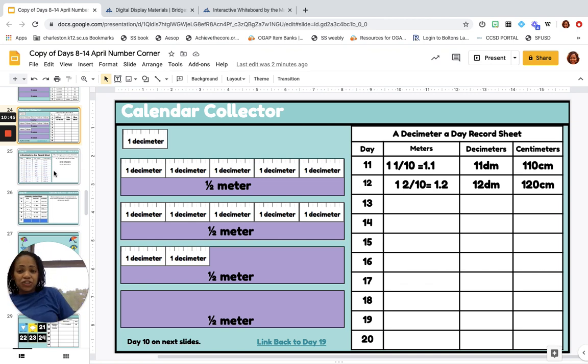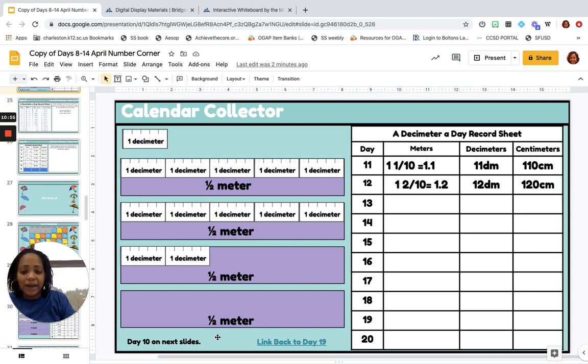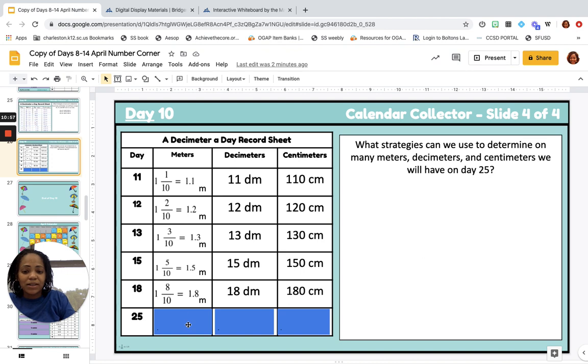That means essentially I would have 1 whole meter, 10, 20, and then another 5, which is 2 1/2 of a meter. And we can check our answer. Yeah, 2 5/10. That's absolutely correct. So how many decimeters is that?